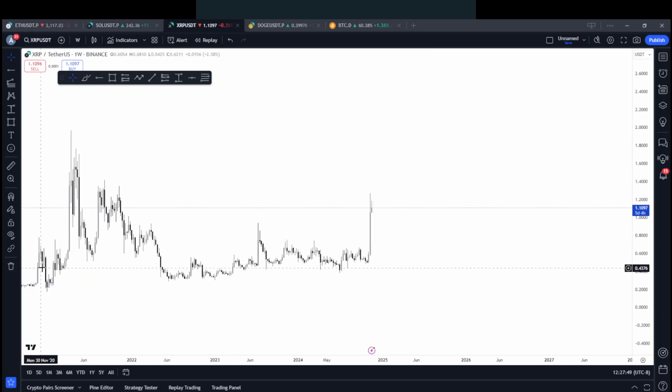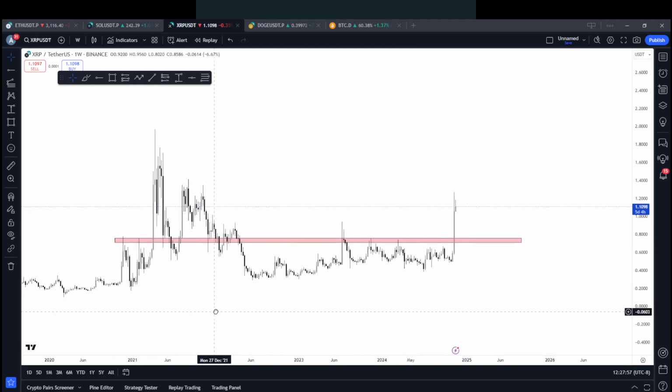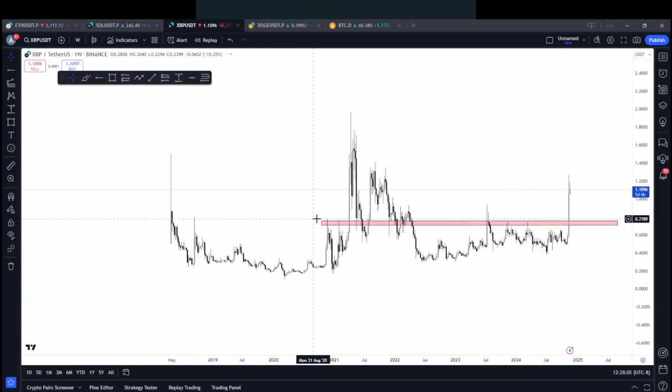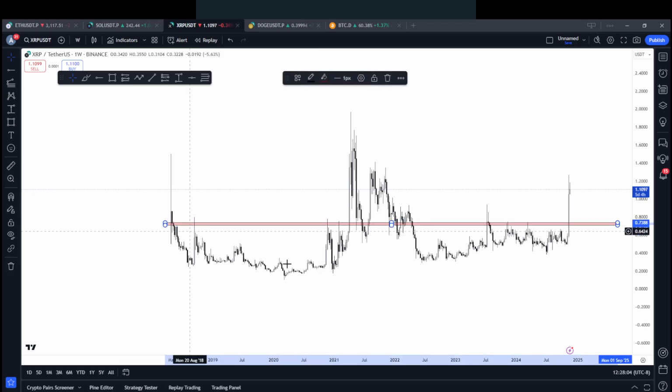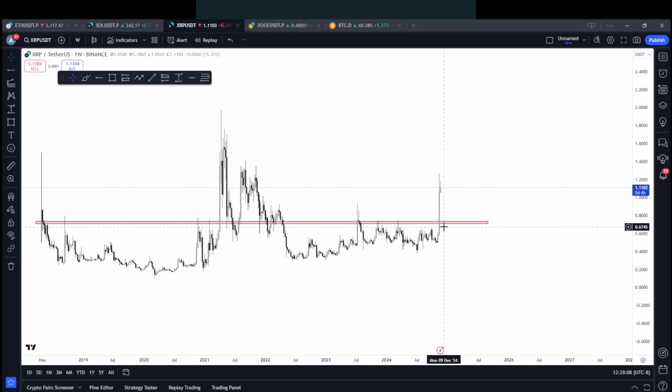So what happens if Sol is able to break that dollar barrier? This was the barrier for XRP. Whenever we burst through this level, we just put in a giant candle up.